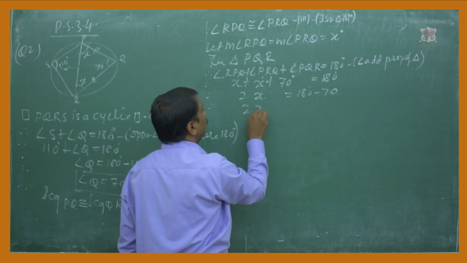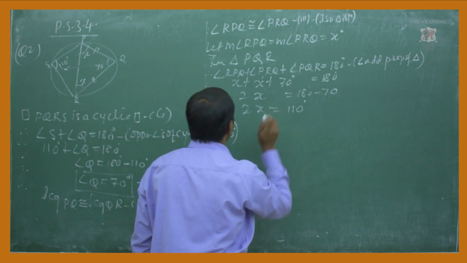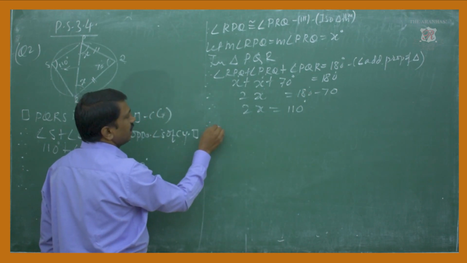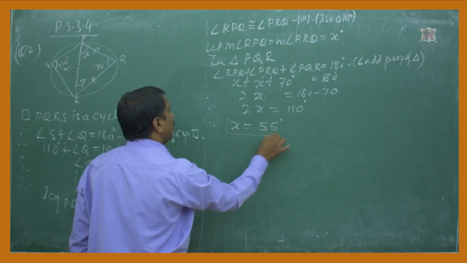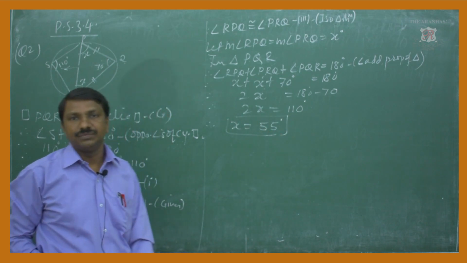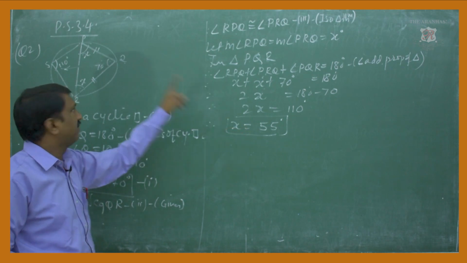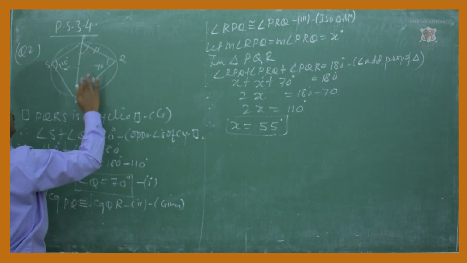It means 2x equals 110, therefore the value of x is 110 divided by 2. So x is 55. I will substitute this value here.